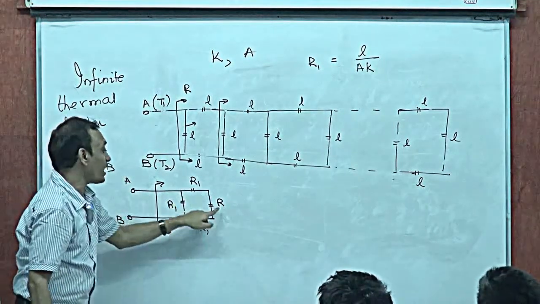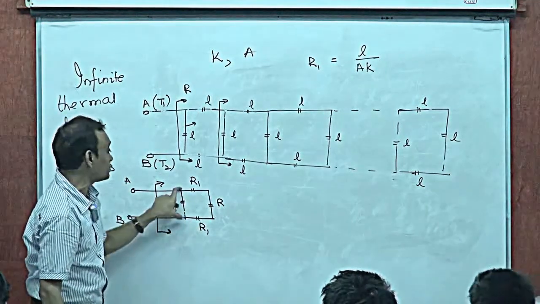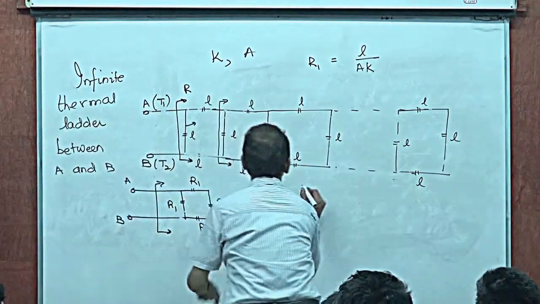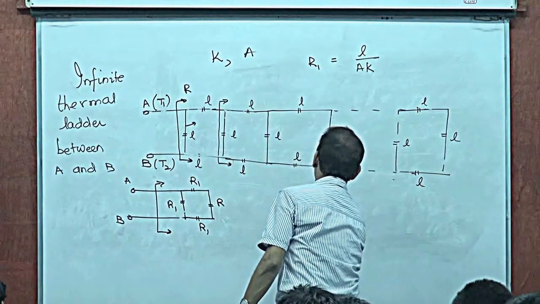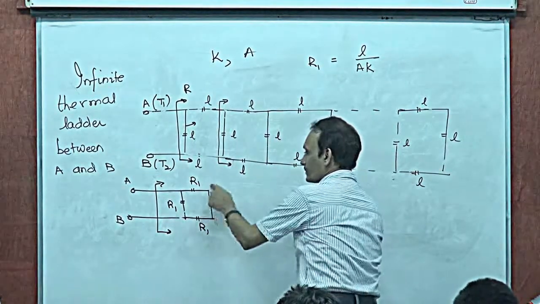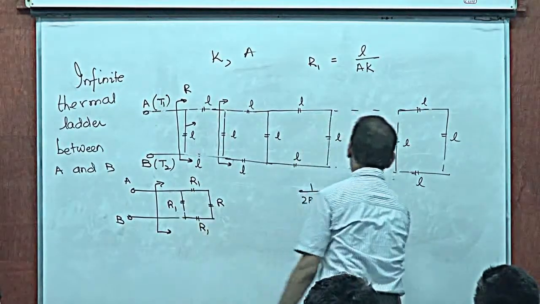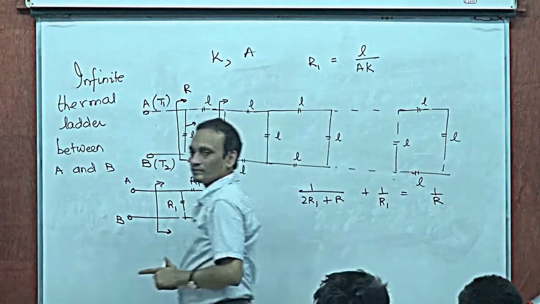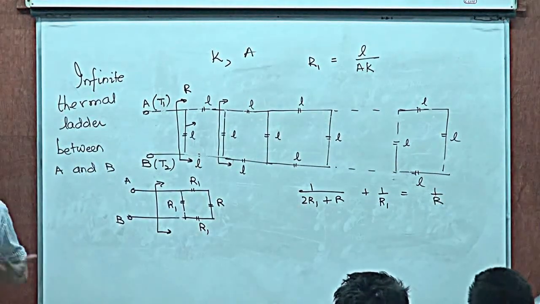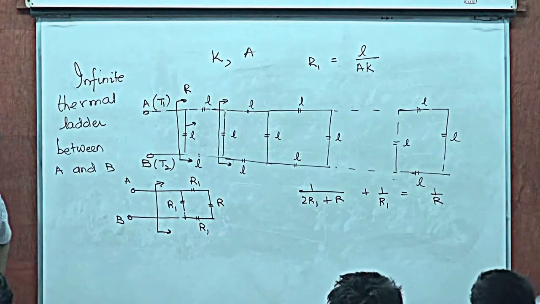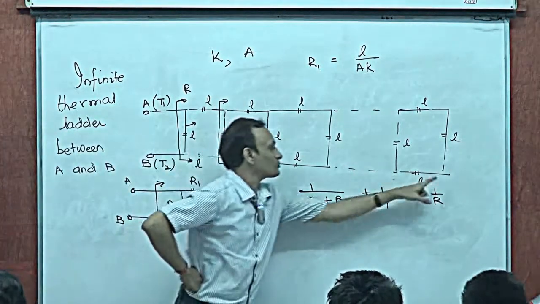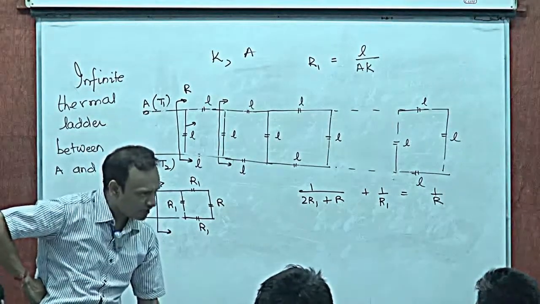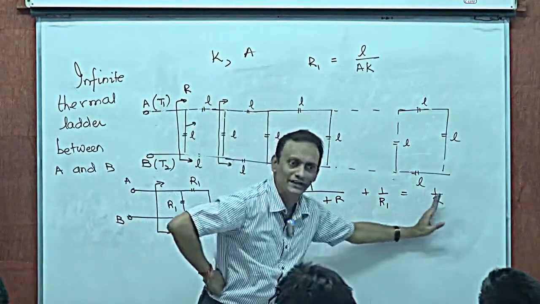That means R1, R and R1 in series, in parallel with R1, will give me R, isn't it? Which means 1 by (2R1 plus R), plus 1 by R1, must be equal to 1 by R, the equivalent thermal resistance of the ladder across A and B. Clear? When you cross multiply and solve, you can solve for R in terms of R1.